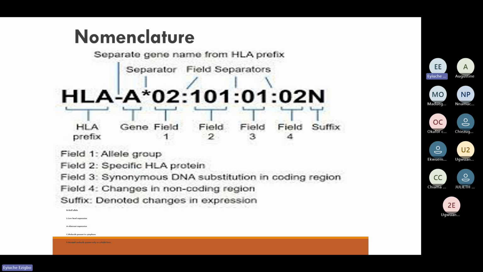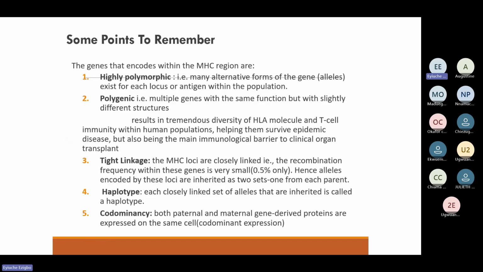So this is an introductory lecture. We are doing a basic introduction to the MHC complex. Some points to remember are that the genes encoded within the MHC region, number one, are highly polymorphic.